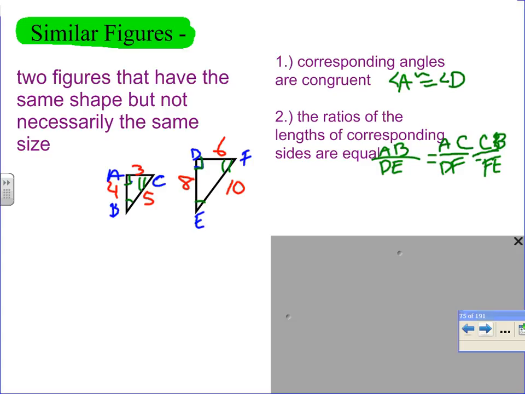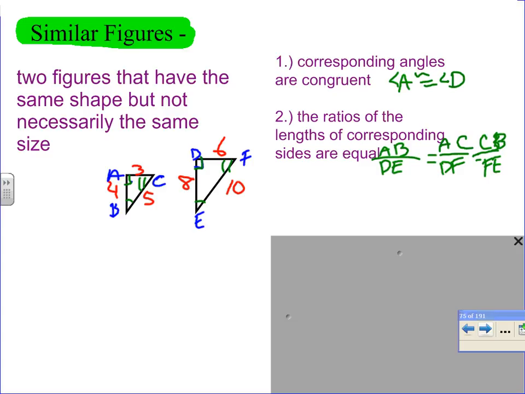Okay, when you're done with that, I want you to look at example 1. Go ahead, Charles. Yeah, if you multiply every side by 2 on triangle ABC, you get the triangle DEF. The word that you'll say is the scale factor.